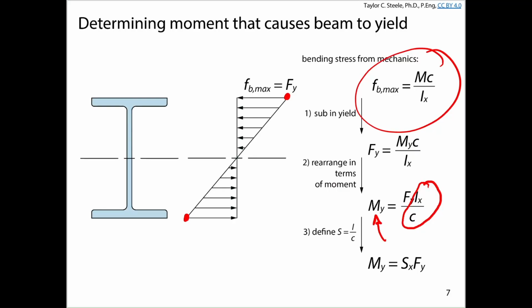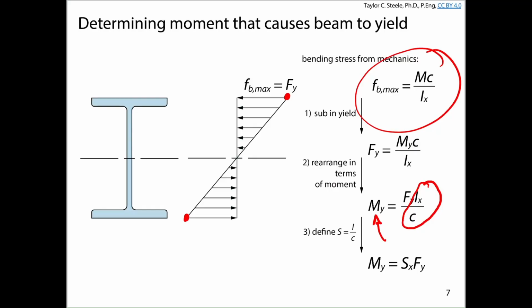Okay, so nothing really new here. Basically just stretching your minds a little bit beyond 2023 to calculate a yield moment using this new parameter S. And there's going to be a section modulus that corresponds to bending about the strong axis as well as bending about the weak axis.